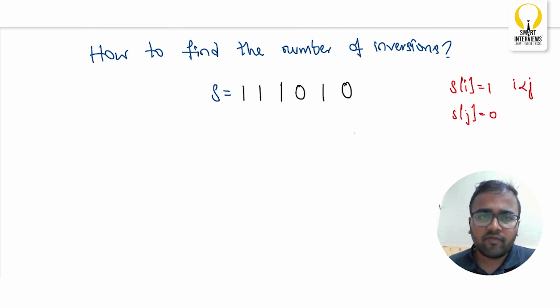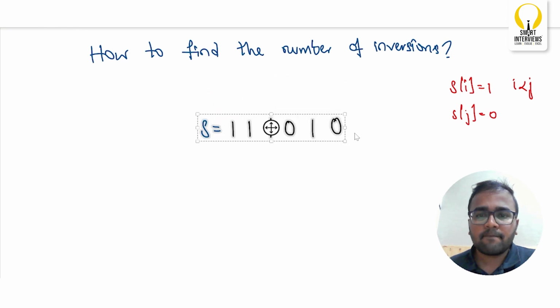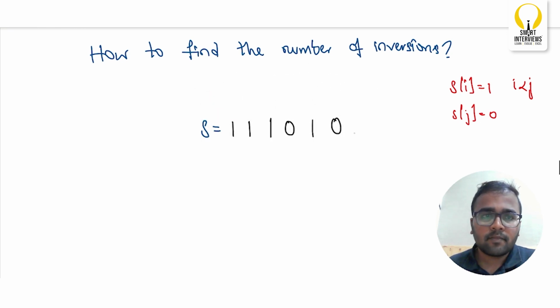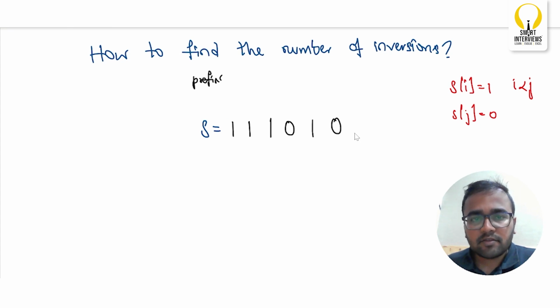So to find the number of inversions, let's take prefix ones. Prefix ones in that sense, the number of ones on the left.